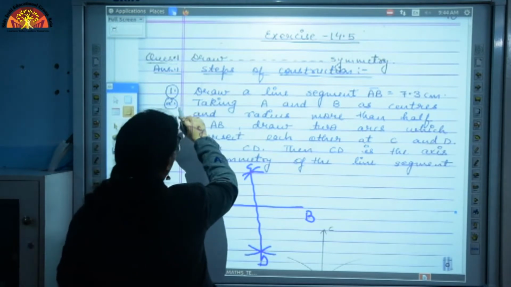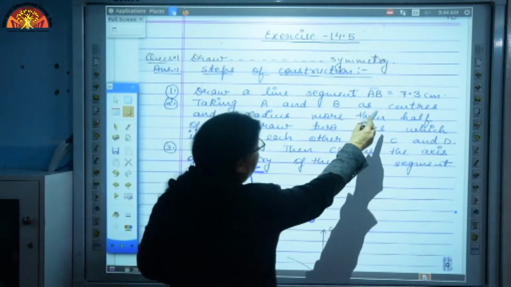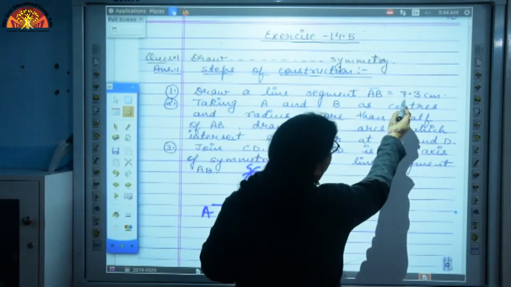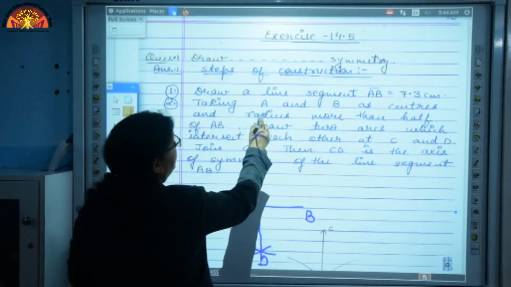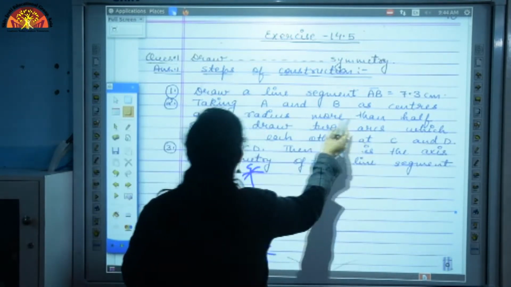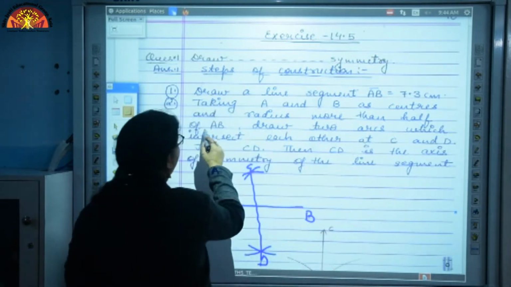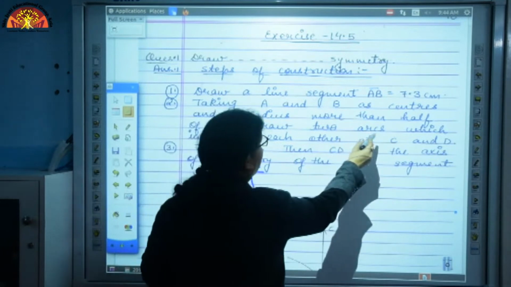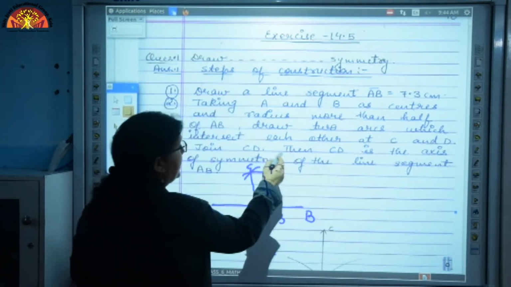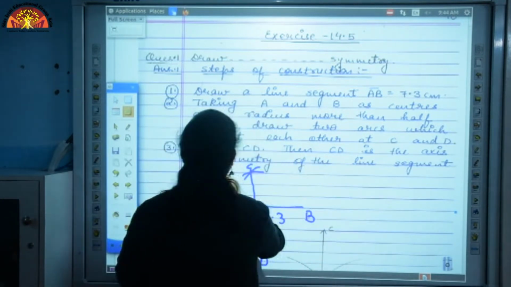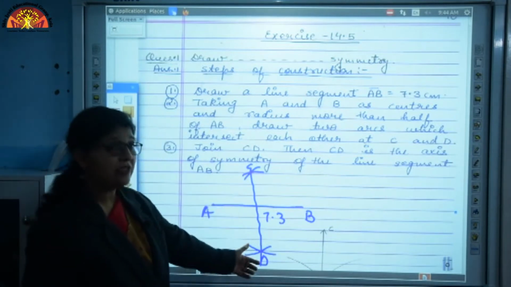Draw a line segment AB of length 7.3 centimeter, taking A and B as centers and radius more than half of AB, draw two arcs which intersect each other. Now join CD, then CD is the axis of symmetry of the line segment AB and this is the axis of symmetry.